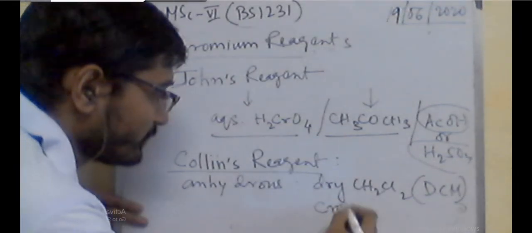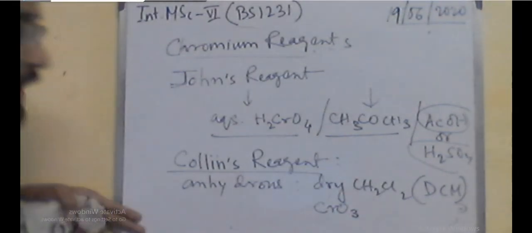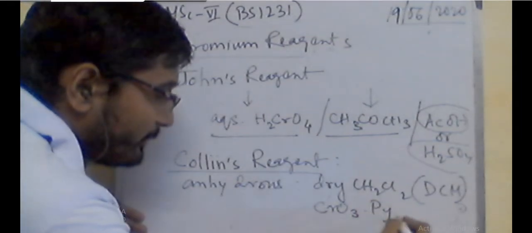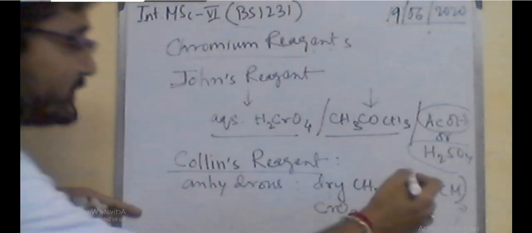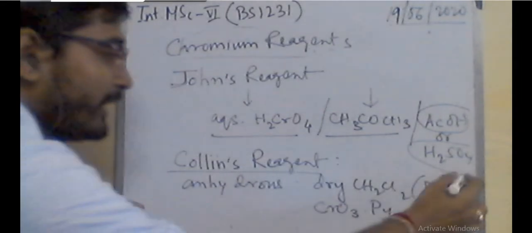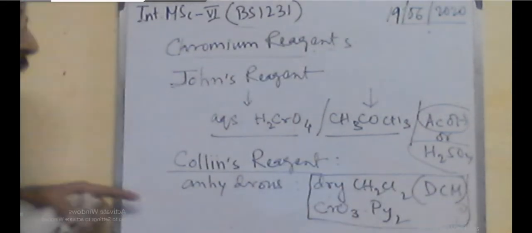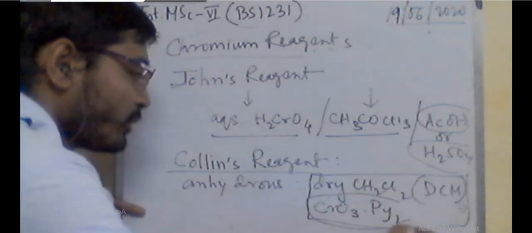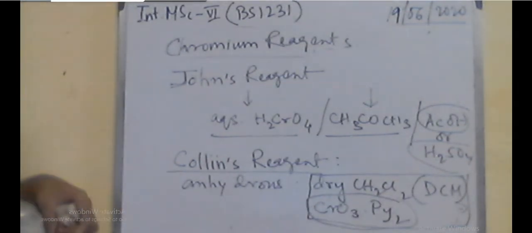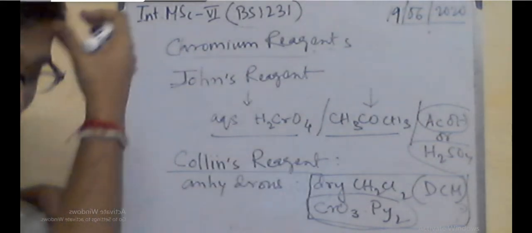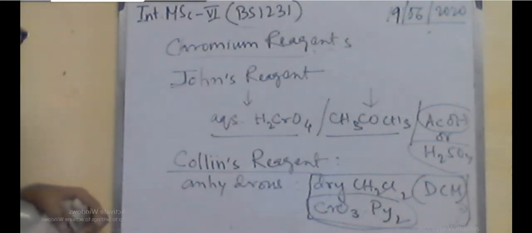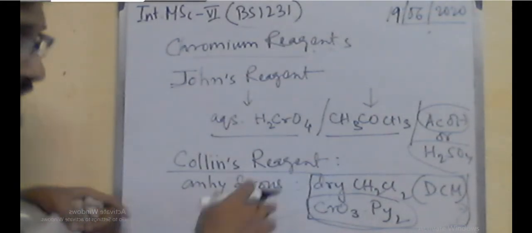But this Collins reagent or the Jones reagent, they have some disadvantage. This is basically a controlled oxidizing agent, but still they have the disadvantage. That means they are first of all costly, and you must use them in huge amount. So that is not commercially viable. To make the reaction commercially viable, by using some controlled oxidizing agent, you know the name of that reagent already from class 12.